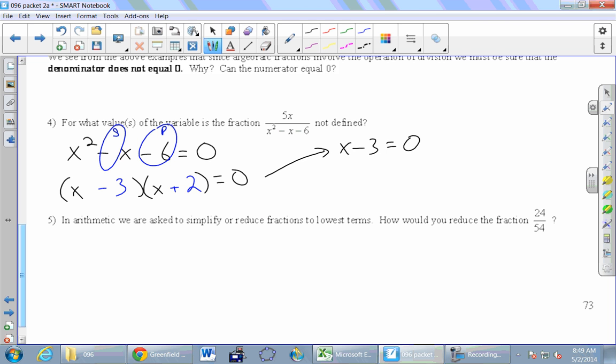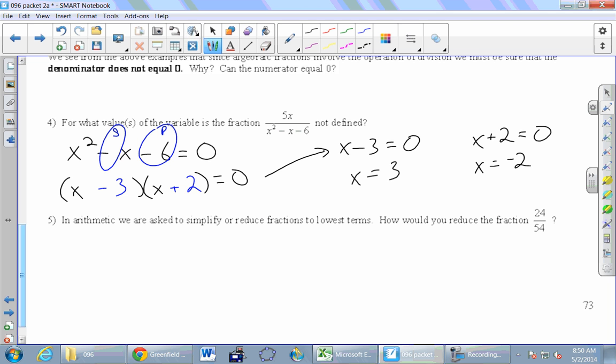And then we set each piece equal to 0. We've got our answers. X equals 3, x equals -2.